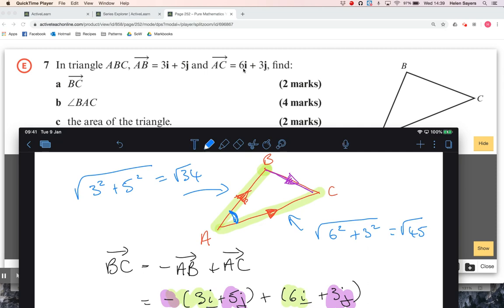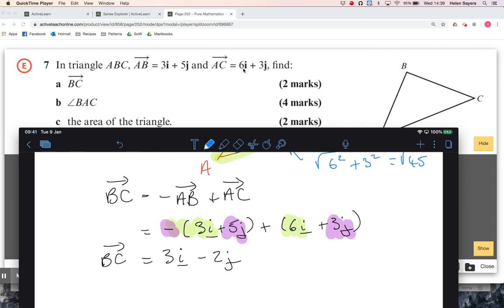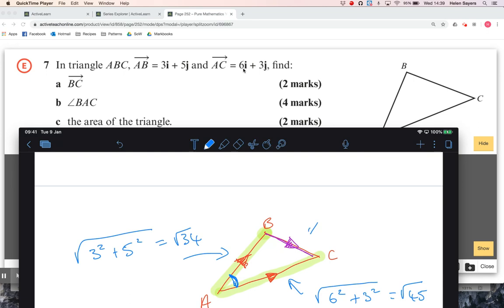Not going to bother simplifying any of these surds because I'm just going to use them again in my next calculation. And then BC I know is 3i minus 2j, so the length of BC is the square root of 3 squared plus 2 squared, so that is root 13.